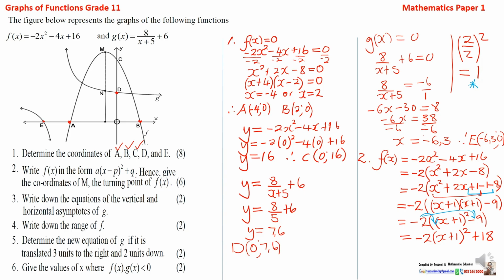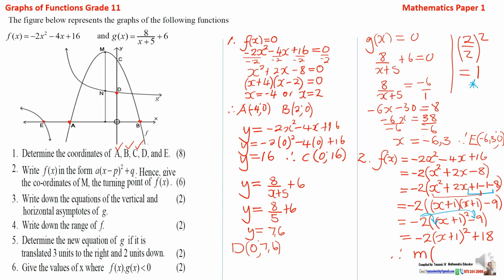The question wants us to write down the coordinates of the turning point of the graph. Hence, give the coordinates of M, which is the turning point of the graph of f. So now we can make a conclusion from this expression after completing the square.